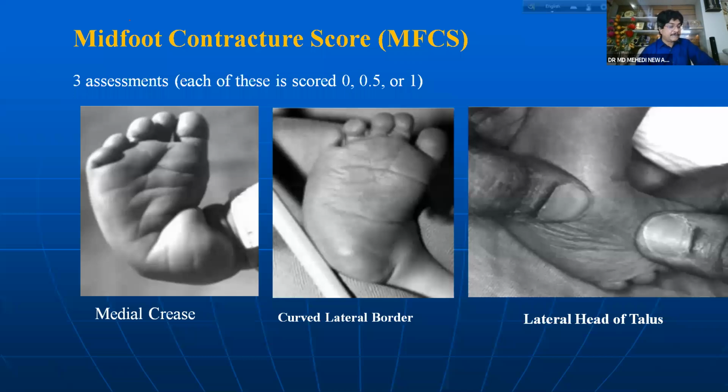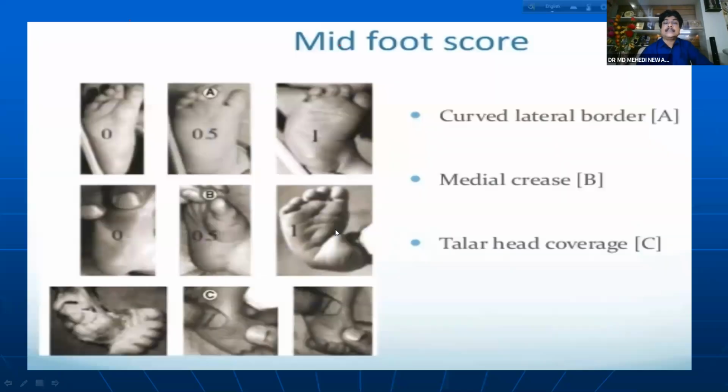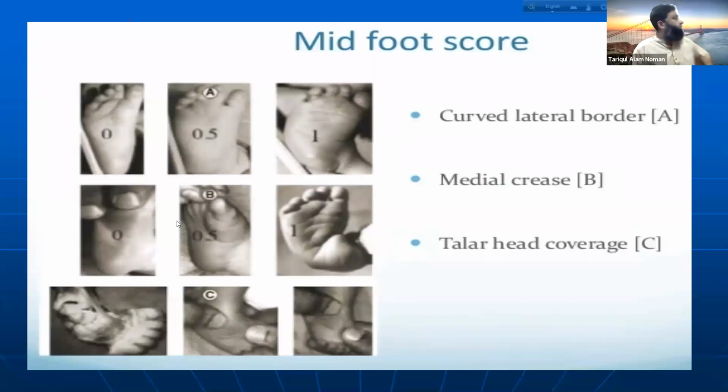At first, the medial crease: if there is a deep single crease, it is 1. Deep creases like this are 0.5, and if there is no crease or a faint crease, it is 0. In case of a curved lateral border, if we place a ruler on the lateral side of the foot and it curves from the calcaneocuboid joint, then it is 1.